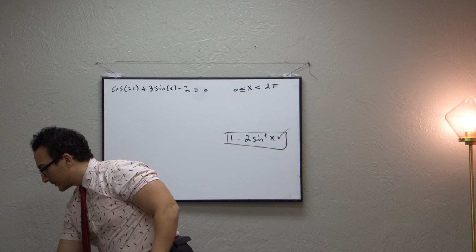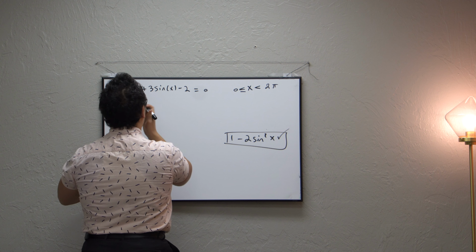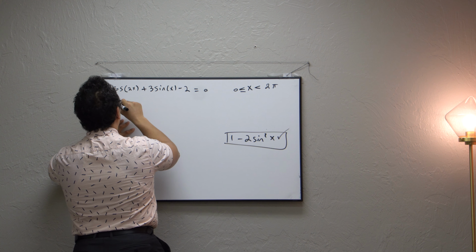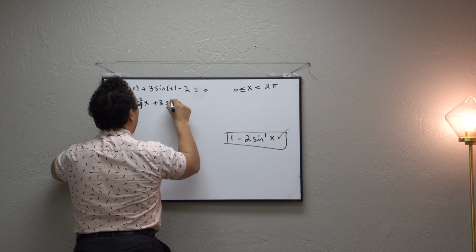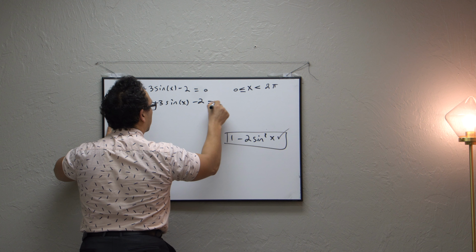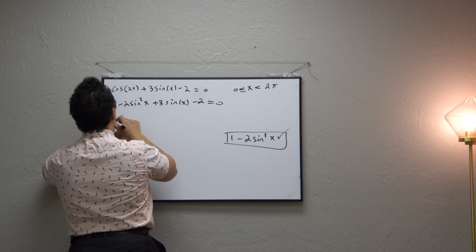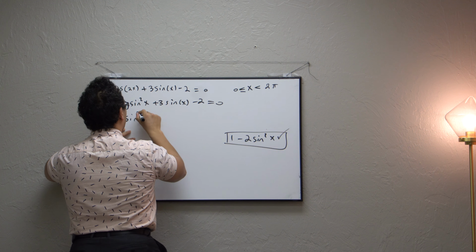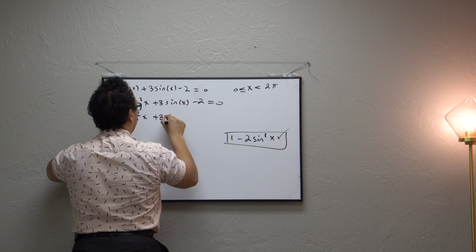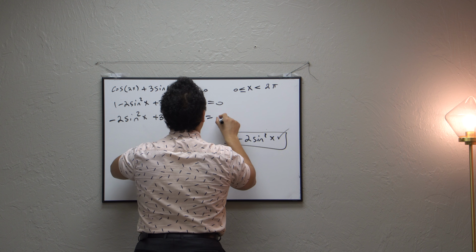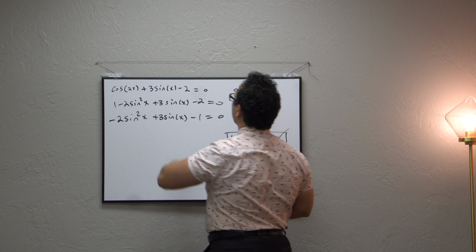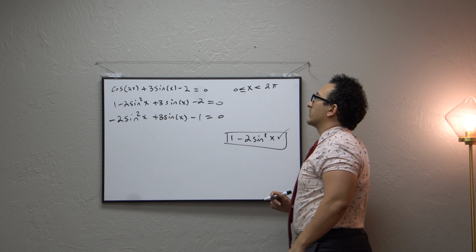Alright, so that means I'll replace cosine of 2x with this. So I get 1 minus 2 sine squared x plus 3 sine of x minus 2 is equal to 0. And then rearranging the terms, I get negative 2 sine squared x plus 3 sine of x minus 1 is equal to 0, because this 1 and that negative 2 meet up to give me a negative 1.